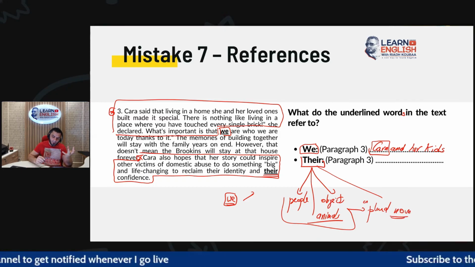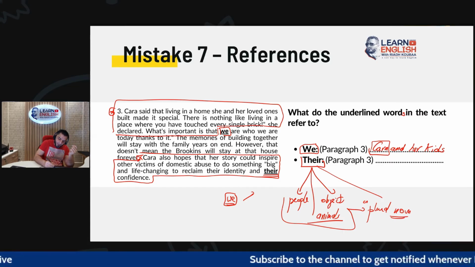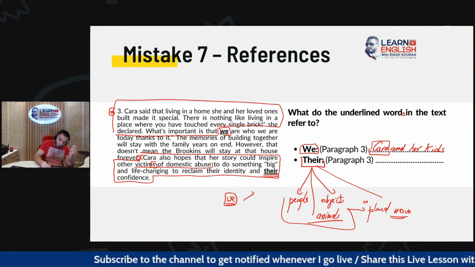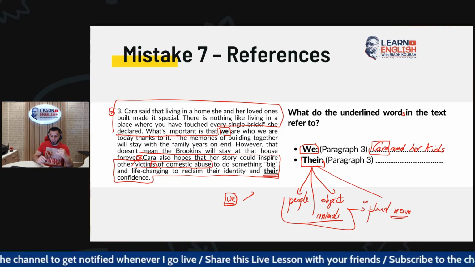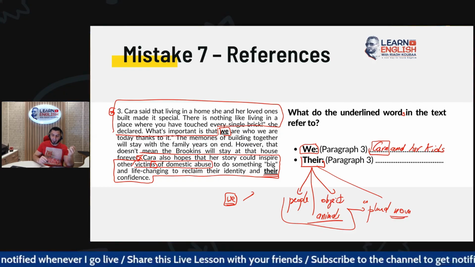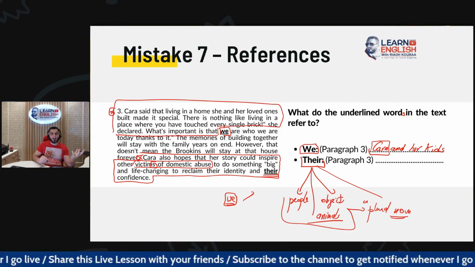So Kara hopes that her story could inspire other victims of domestic abuse to do something big and life-changing to reclaim their identity and their confidence.